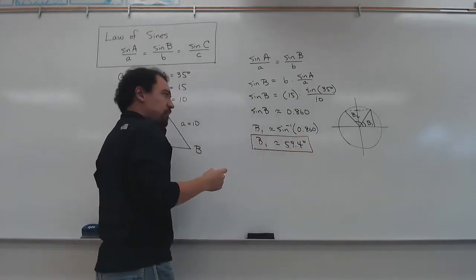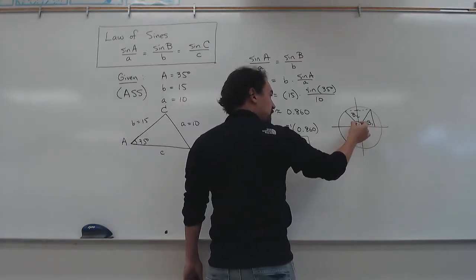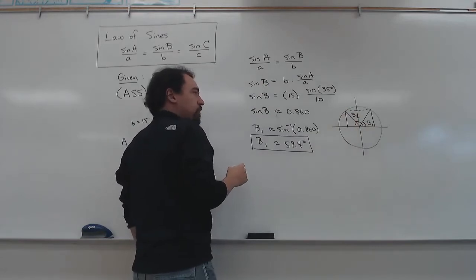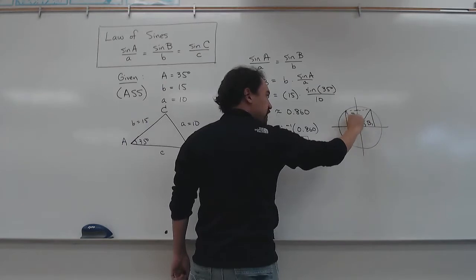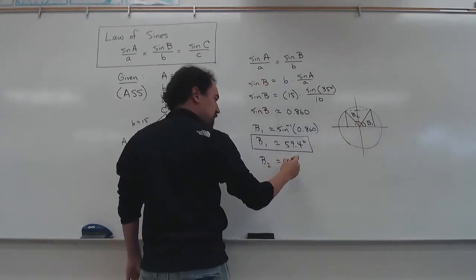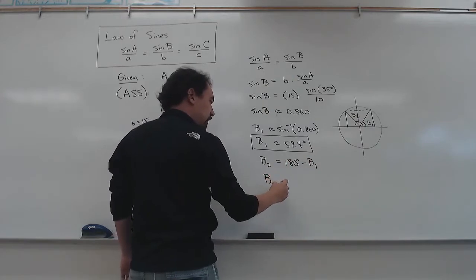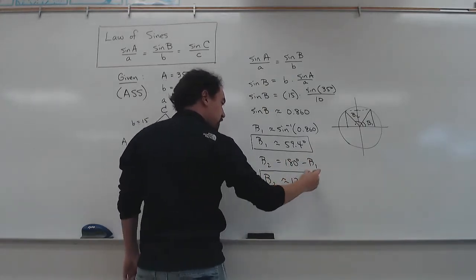But we also know that by symmetry, this angle B1 is the same as the reference angle of this triangle, which means B2 would equal 180 degrees subtract B1. In this case, B2 is approximately equal to 120.6 degrees.